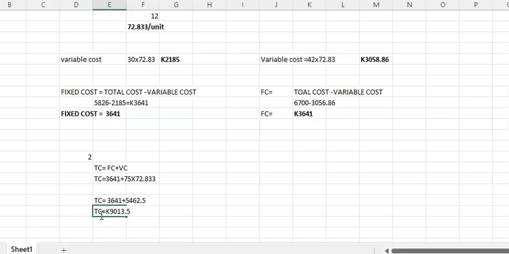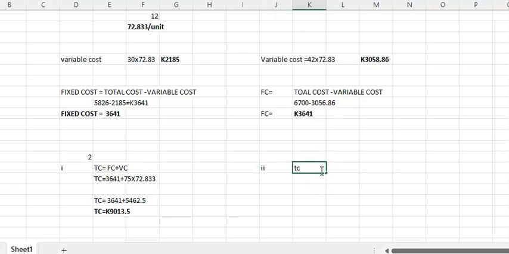That will be our total cost when we are given 75 as the activity level.